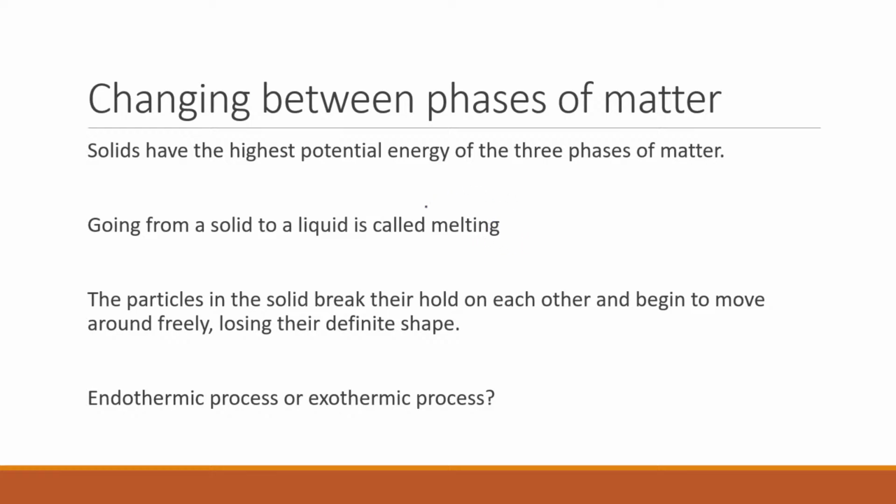We've done this before. That's melting. That process is going to make the nicely arranged particles of the solid break their hold on each other, right? Loosen up, start to move a little bit more, and gain that freedom of motion to move in front of or behind or around the other particles. When I melt something, is that endo or exothermic? Does energy enter or do I take energy away?